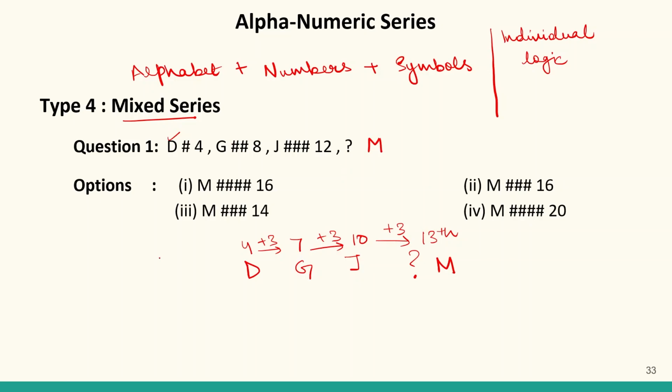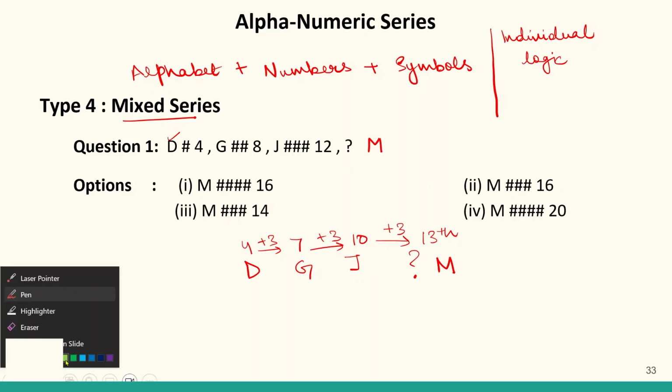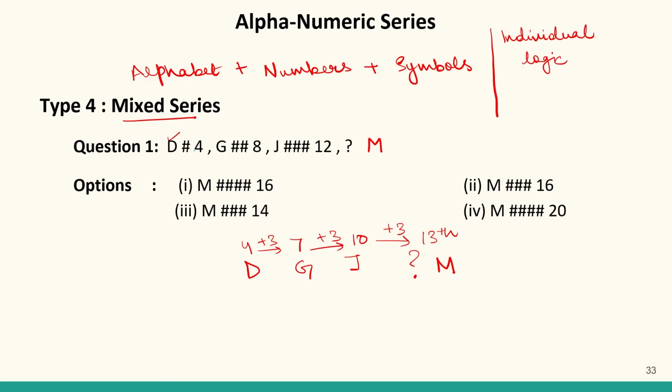Now let us go to the symbols. In symbols, I can see first there is one hashtag, then it is doubled, then one more is added. So I can say that the symbol is increased by 1 in each step. So we'll get 4 hashtags, right? So after this, we'll get 4 symbols. These ones have only 3, so I can eliminate them.